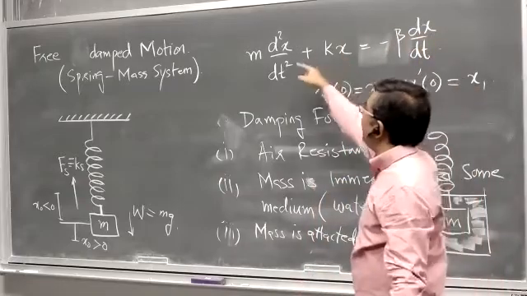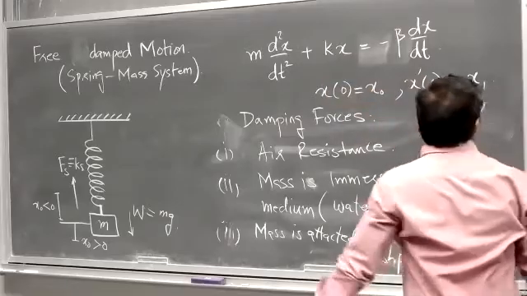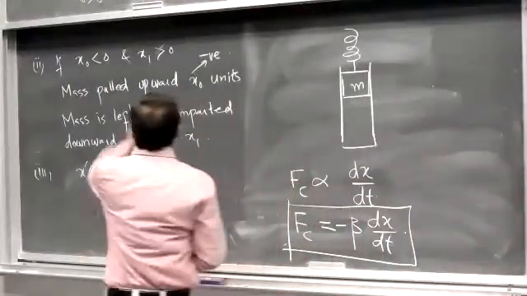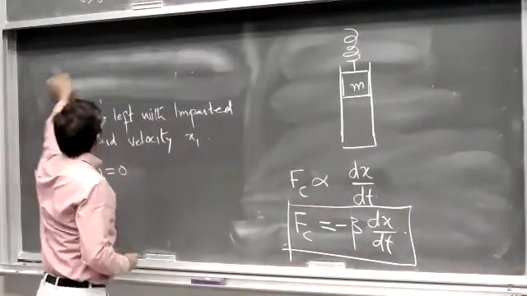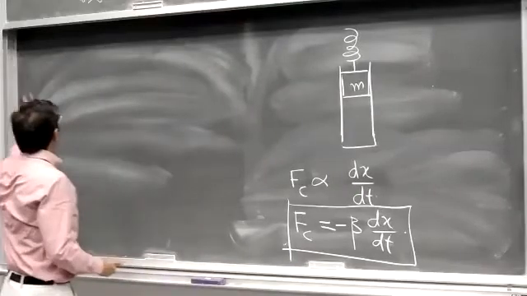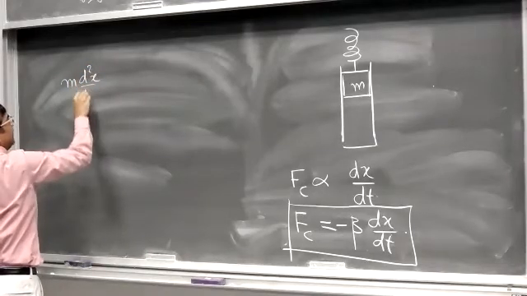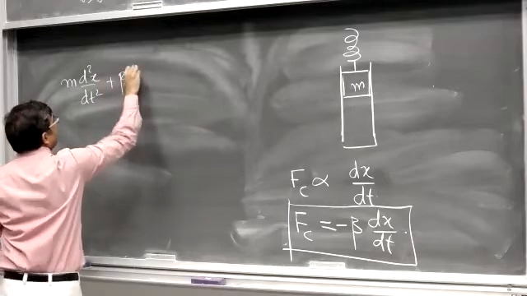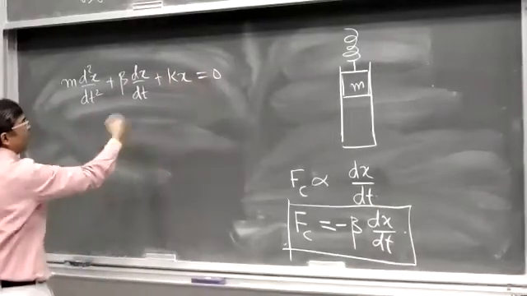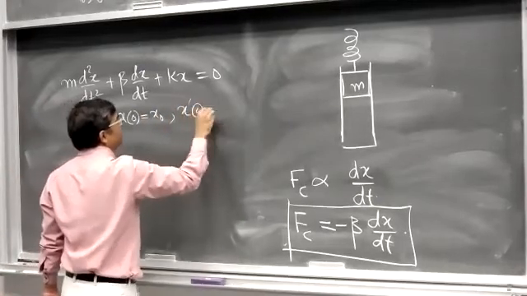Then the equation of motion will change to this equation, and after taking this term to the other side, we can obtain the equation of motion: m d square x by dt square plus beta dx by dt plus k times x is equal to 0, subject to the similar initial conditions x of 0 is equal to x naught and x dash of 0 is equal to x1.